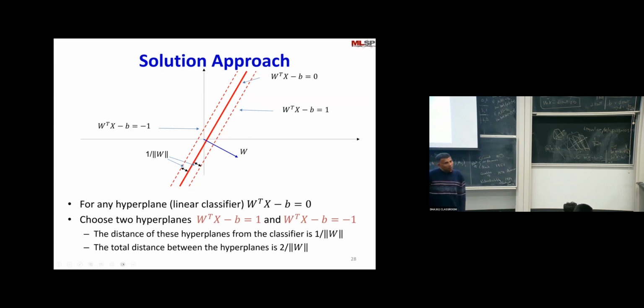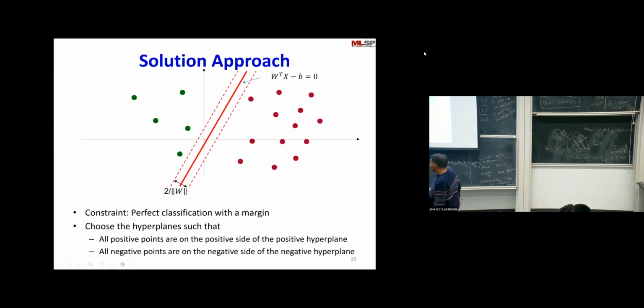Minus 1 is the direction away from W, plus 1 is the direction towards W. Now, if I pick any random boundary, then to find the closest points on either side, I just draw a couple of boundaries very close, or very distant, and then begin pushing them around. I keep pushing them till they touch a data point, right? So I can keep pushing them up. And the distance between the two, as we saw, is 2 over the norm of W. We've already seen this, right?